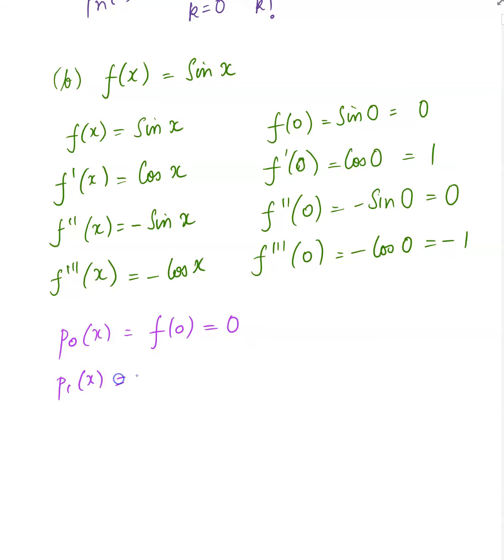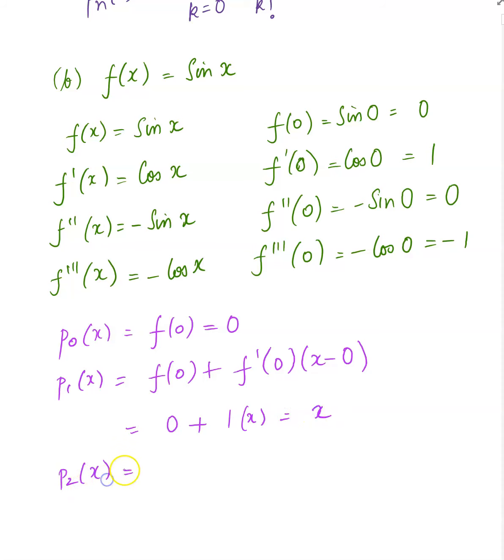P1 of x. Okay, I just want to start plugging in the values, so you know that when I'm doing the P1, I'm using this formula, right? So 0 plus 1 times x, which is simply x.